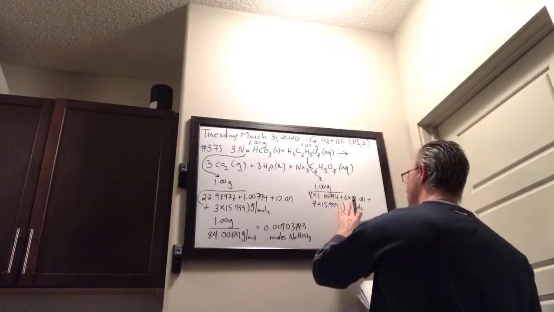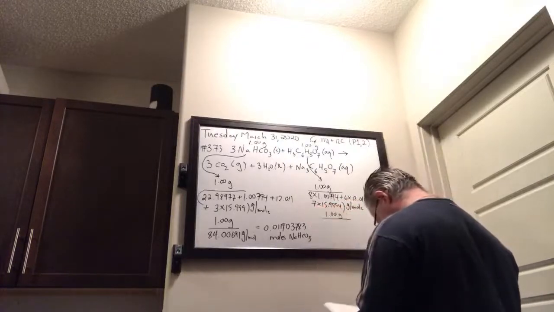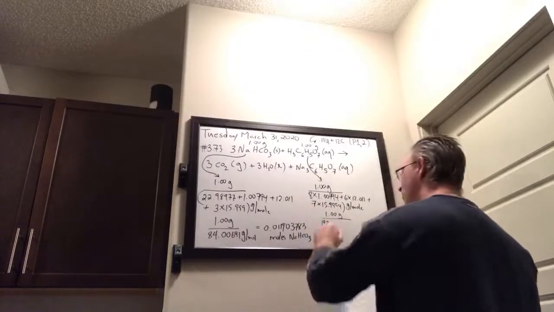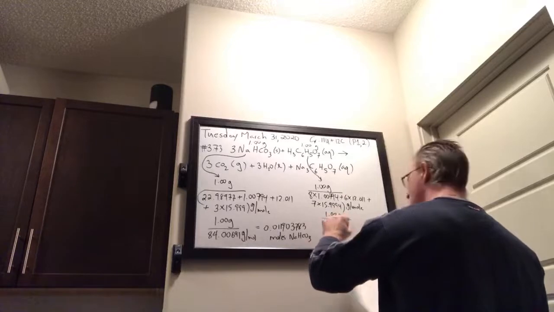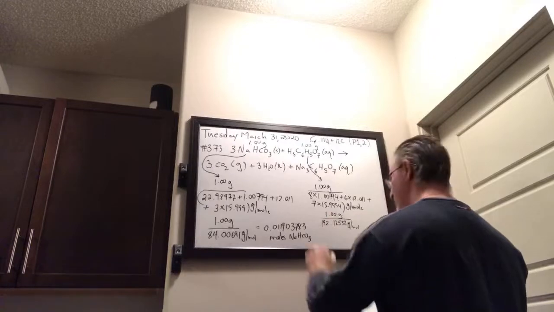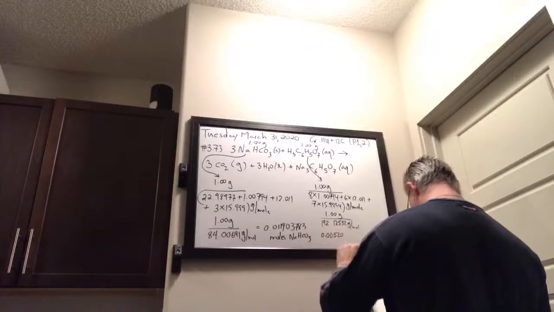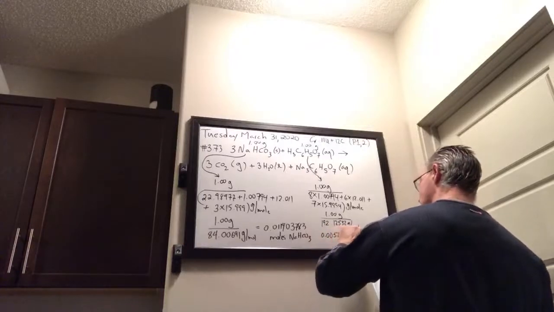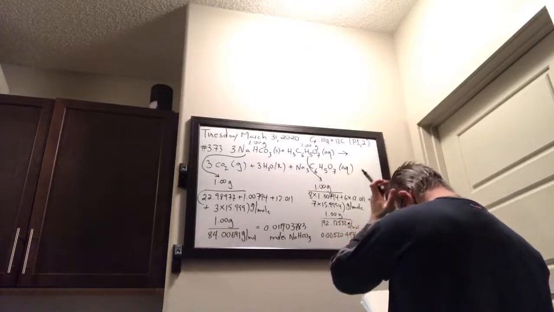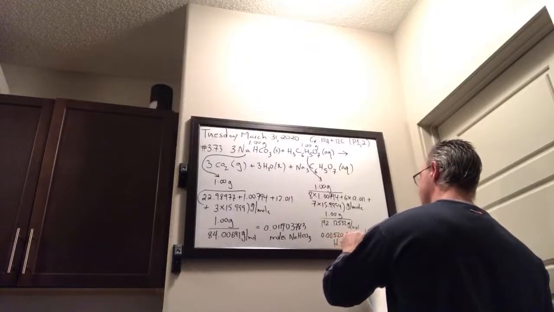So what that equals in the end is 1 gram over 192.12532 grams per mole, and that ends up being 0.005204936 moles of citric acid, or H3C6H5O7.